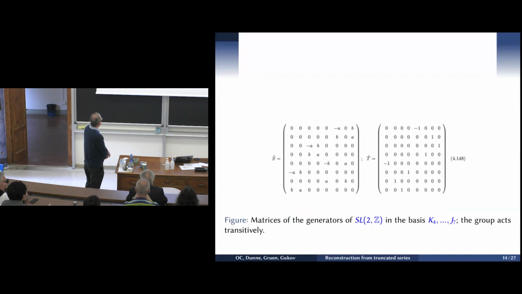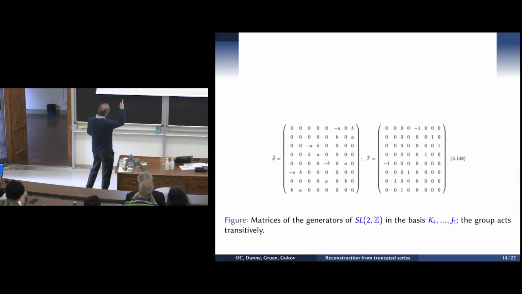I mean, yeah, it is ultimately, yeah. Whatever relations you have in SL2Z, they are preserved. But the normalization is a bit different because you are working in this basis, so you have to factor out the phase.